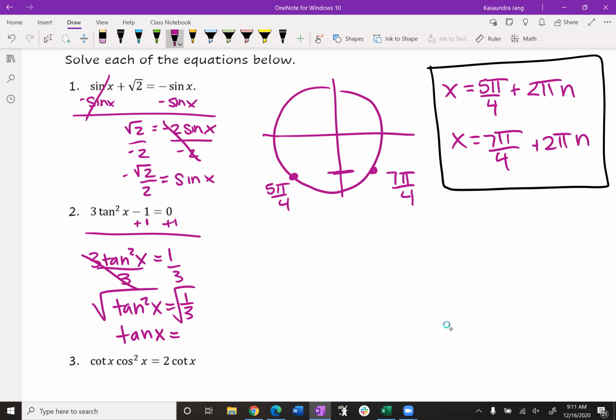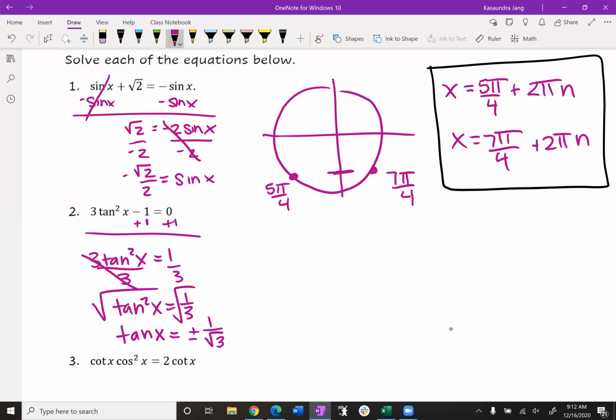Whenever I take a square root, I get a plus or minus, a positive and a negative. Square root of 1/3: the square root of 1 is 1. The square root of 3, I don't know, so let's leave it root 3. But I have a plus or minus.